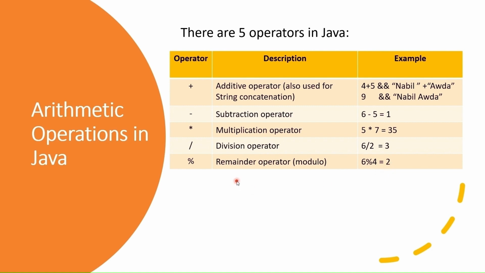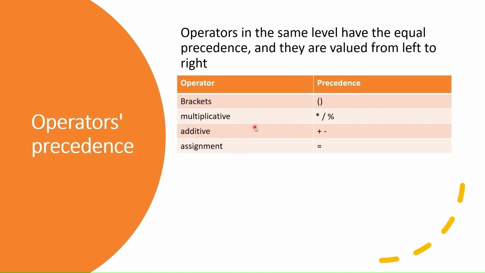2. All right? Now, with operators in Java, we have a precedence when the arithmetic operations come in one statement. In this table, I will show you from the highest precedence to the lowest precedence. And in the same level, the precedence counts from left to right.